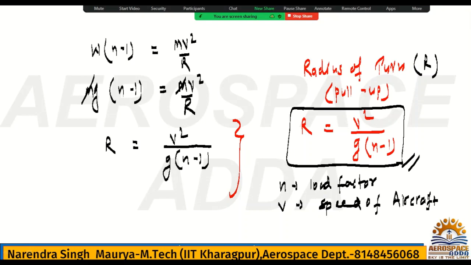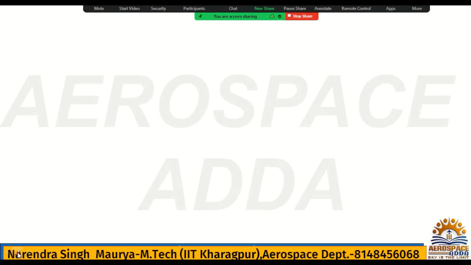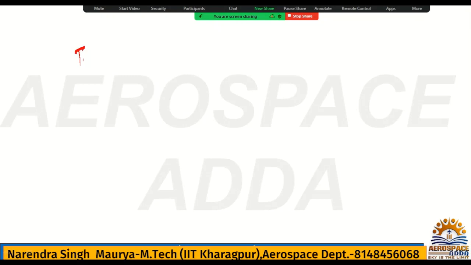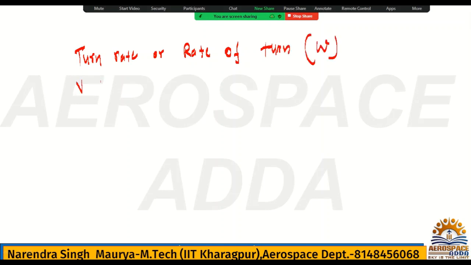Similarly, you can write the turn rate, or rate of turn, which is nothing but omega. V is equal to R omega, so omega is V by R. R is nothing but V square upon G into N minus 1.